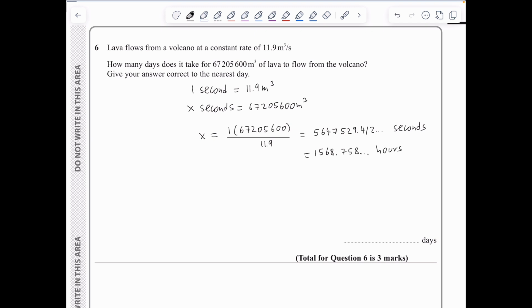And then to go from hours into days, I'll divide by 24 since we've got 24 hours in a day. This gives an answer of 65.3649 days, and therefore to the nearest day we're looking at 65 days.